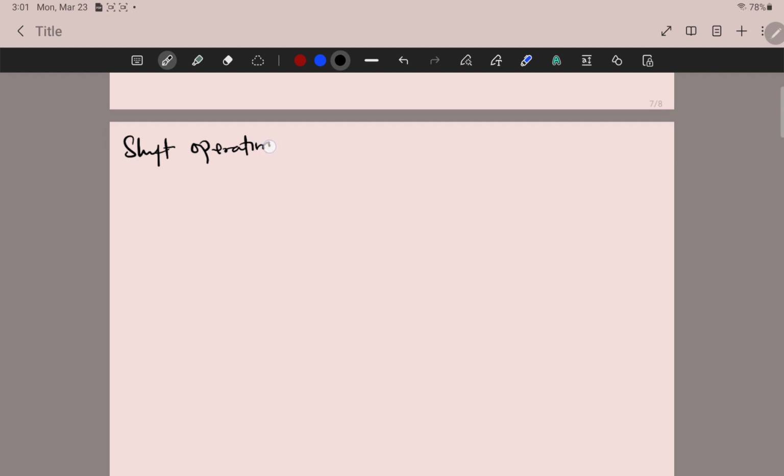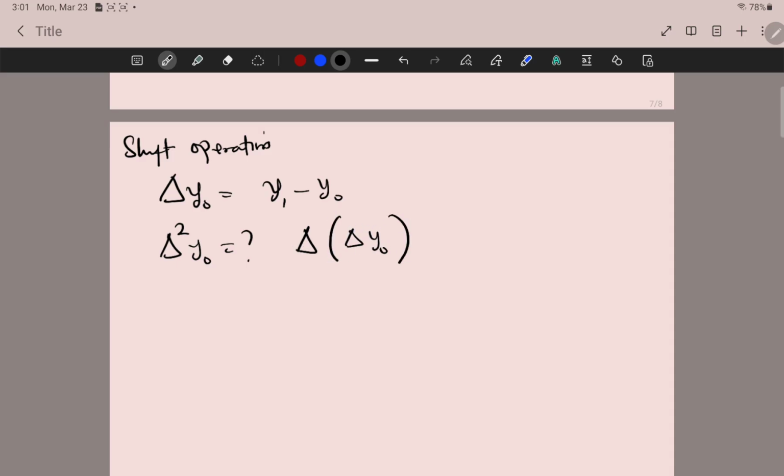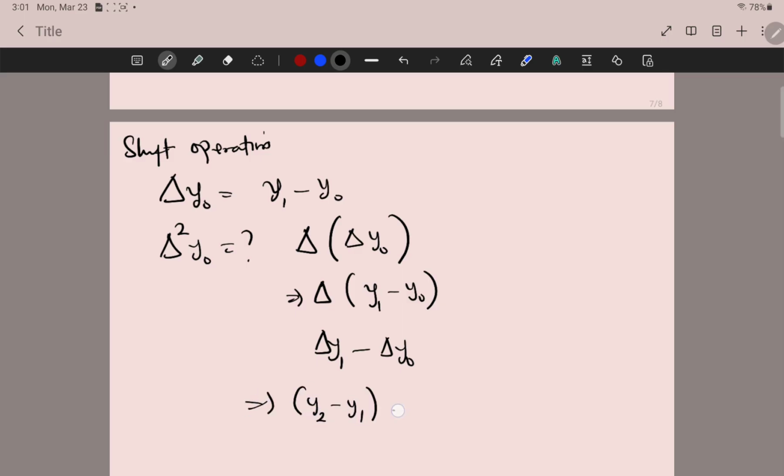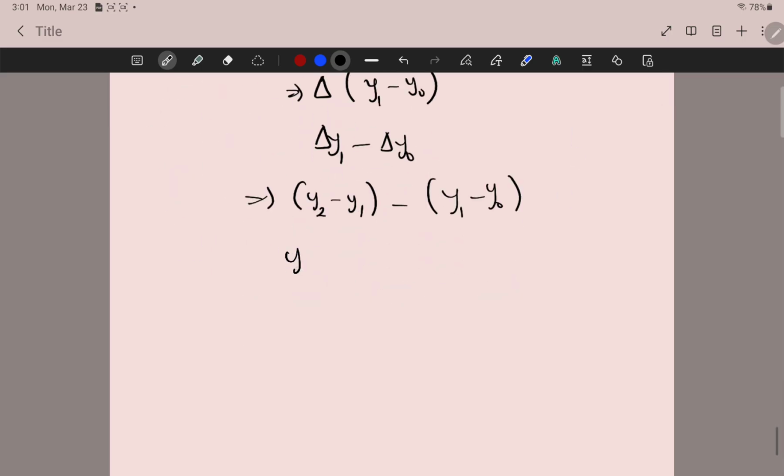Shift operators, where we talked about the forward difference of y naught is y1 minus y naught. If I say forward difference squared of y naught, it is the forward difference of y1 minus the forward difference of y naught, which is y2 minus y1 minus y1 minus y naught, which is y2 minus 2y1 plus y naught.